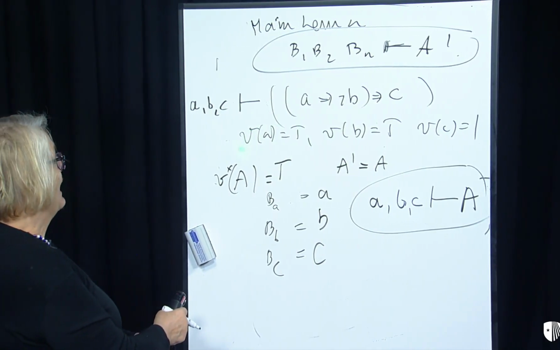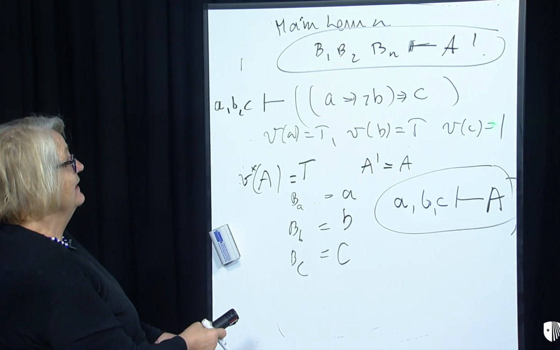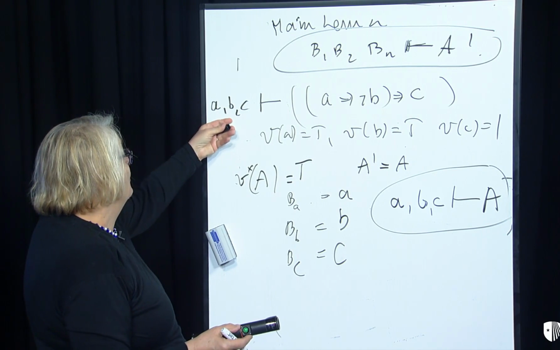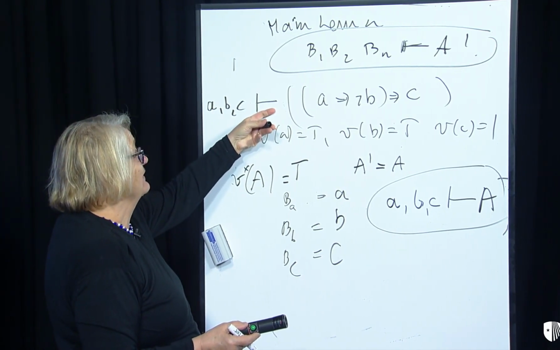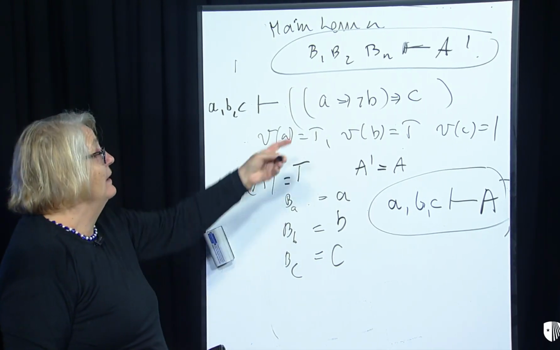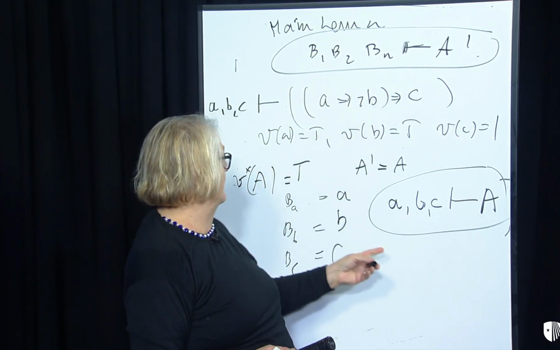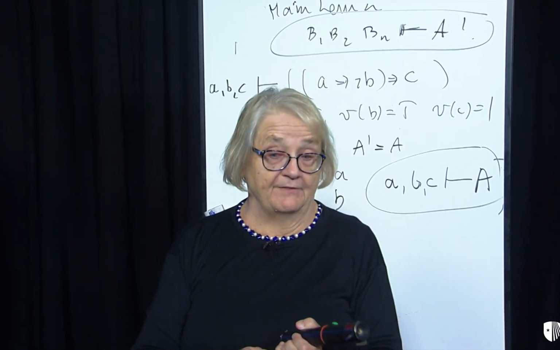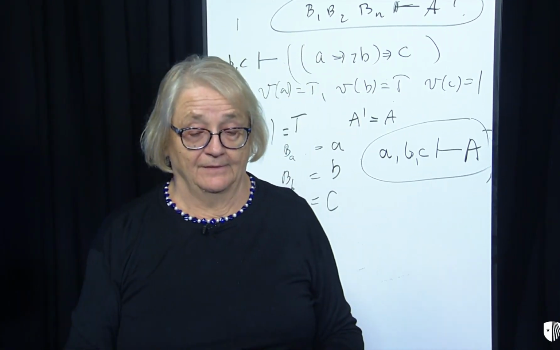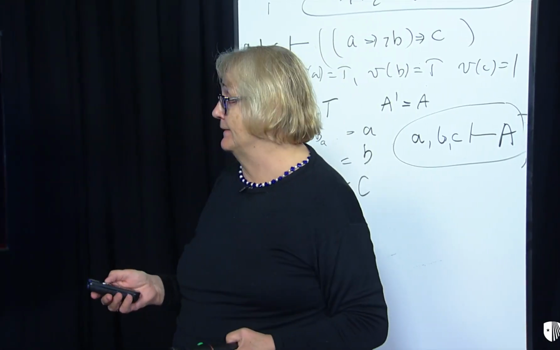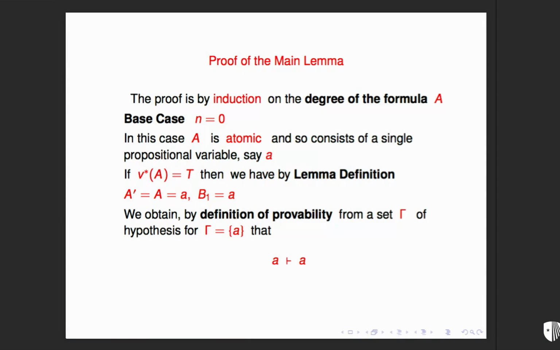If you have the variable assignment, the truth assignment, it says that you can construct the proof from A, B, C of the given formula, which is A prime. In our case, A prime was A. So it's a very strong, beautiful lemma, which just shows you how you construct the proof.